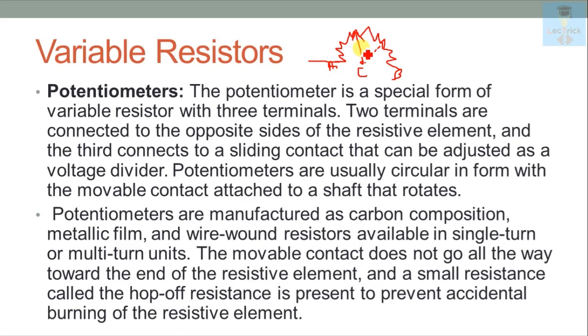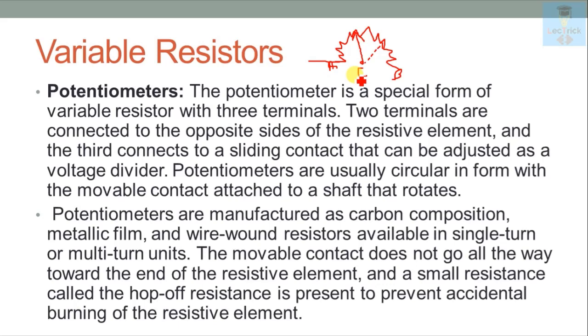Potentiometers are usually circular in form with a movable contact attached to a shaft that rotates. So as I told, you can rotate this. By sliding this contact, you will get a variable resistance value. Potentiometers are manufactured as carbon composition, metallic film, and wire wound resistors, available in single turn or multi-turn units.